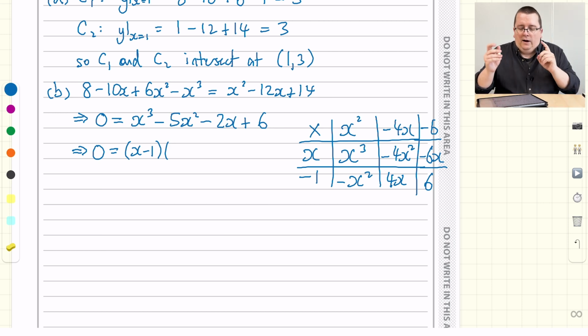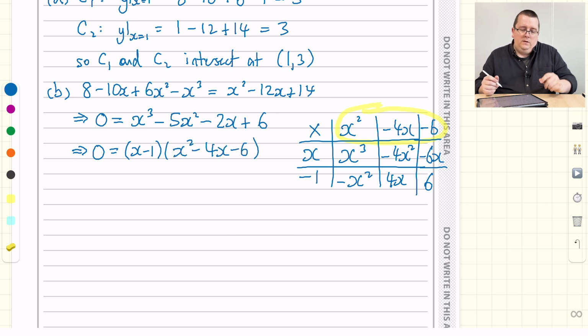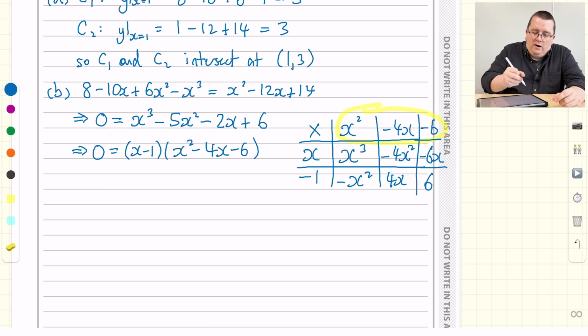So I can then say that the cubic is x take away 1 times by what appears at the top here, x squared take away 4x take away 6. Okay, so either x equals 1 or x squared take away 4x take away 6 is 0.